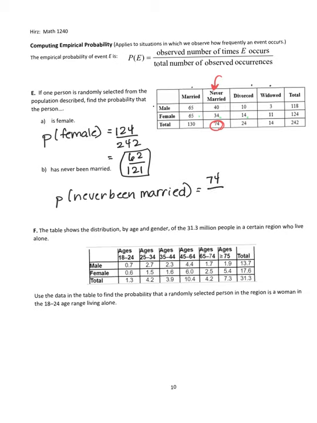That's out of the total population, and we already said when we looked at the chart that the total number of participants is 242. When we put that in lowest terms, we're at 37 out of 121. Divide both the numerator and denominator by 2.